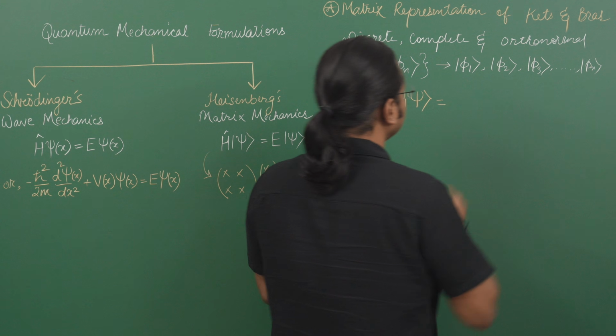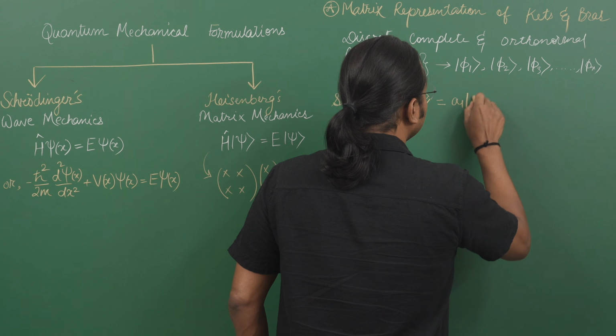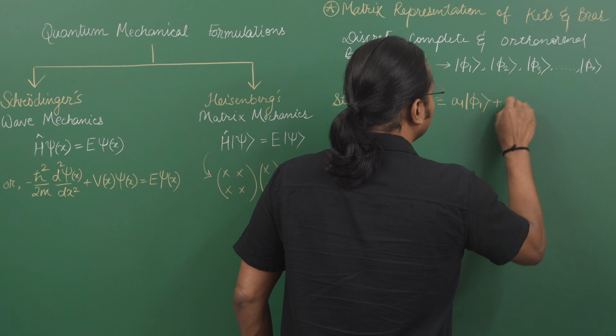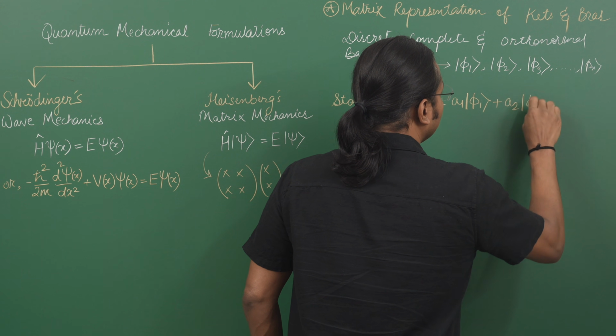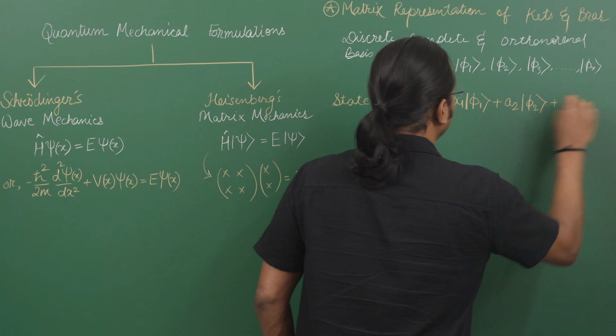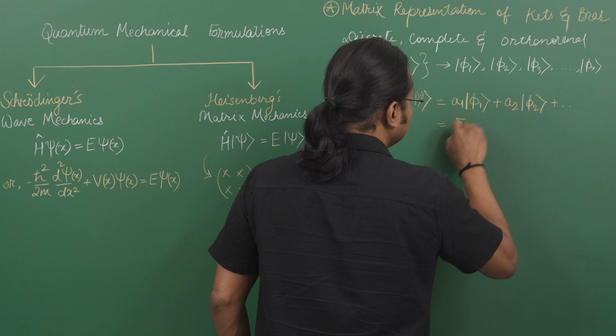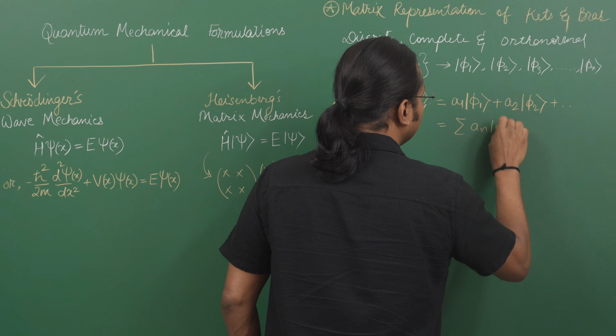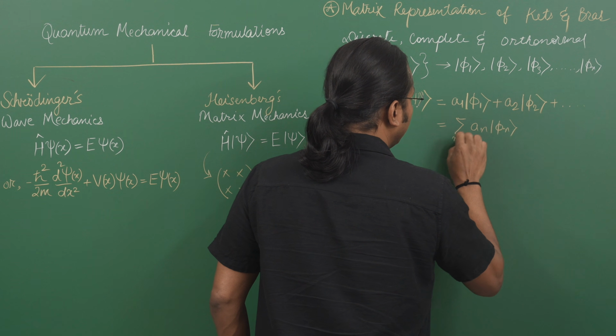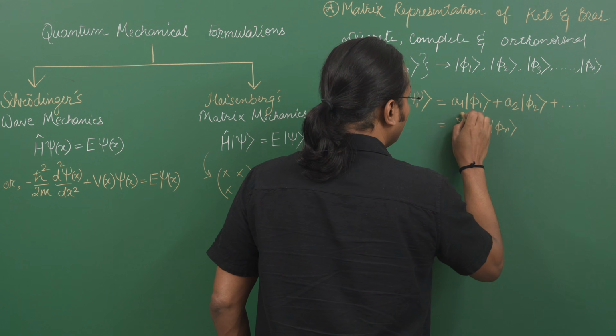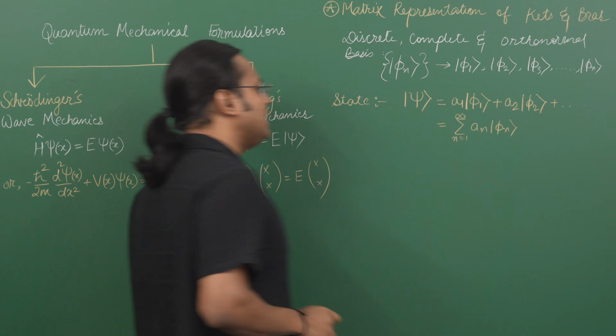Now you know that psi can be represented simply as a linear sum of these basis vectors. So for example, a1 phi 1 plus a2 phi 2 and on. So this is nothing but a summation over an phi n, where n goes from, let's suppose, n is equal to 1 to infinity for an infinite dimensional space.